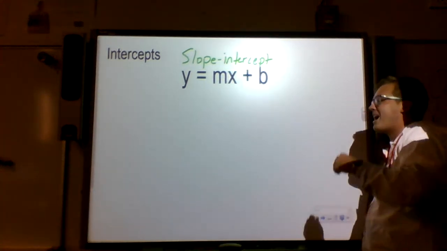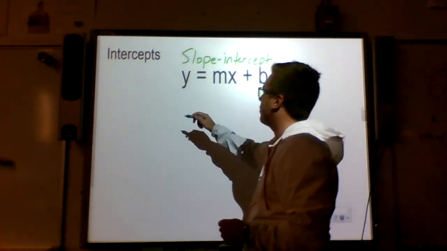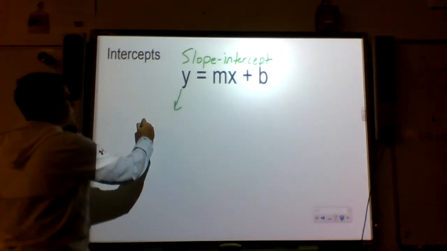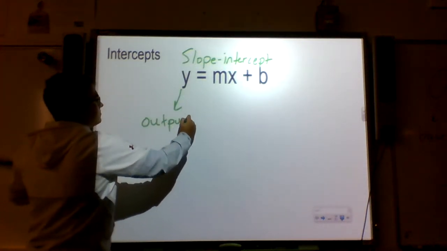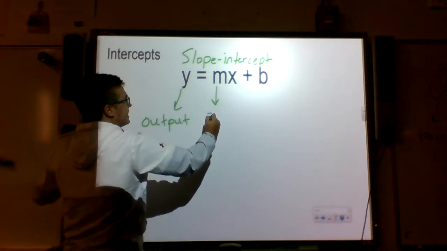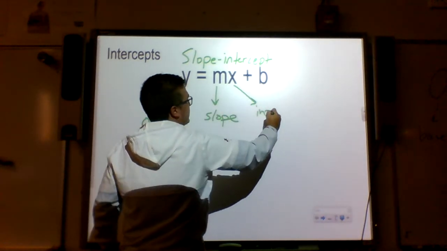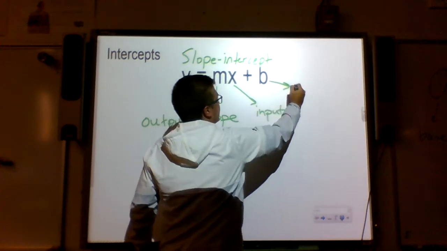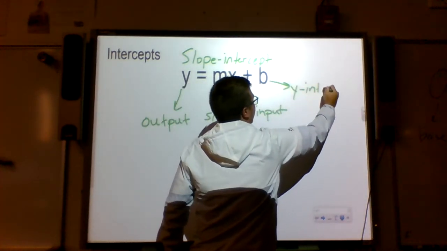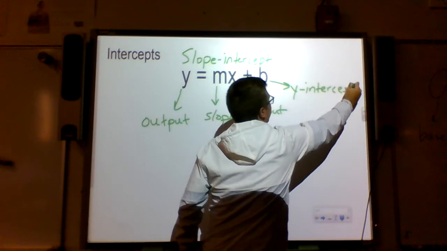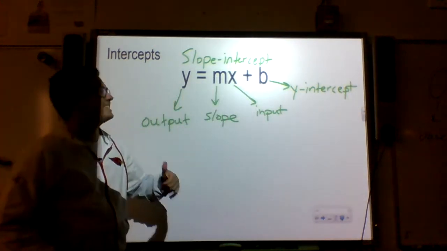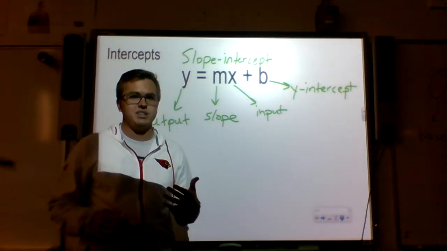So if I'm looking at this equation here, I know that y stands for the output. I know m stands for the slope. X is our input, and b is our y-intercept. And the thing that I want to focus on in particular is that b is the y-intercept.